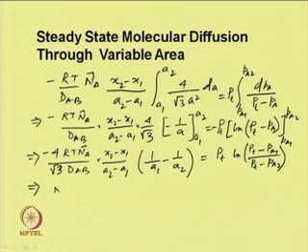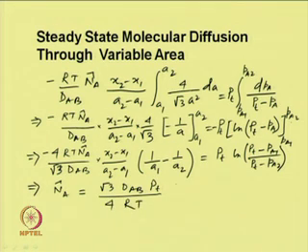Na cap, the diffusion rate, will be equal to root 3 DAB into Pt by 4 RT. (A2 minus A1) will cancel out.